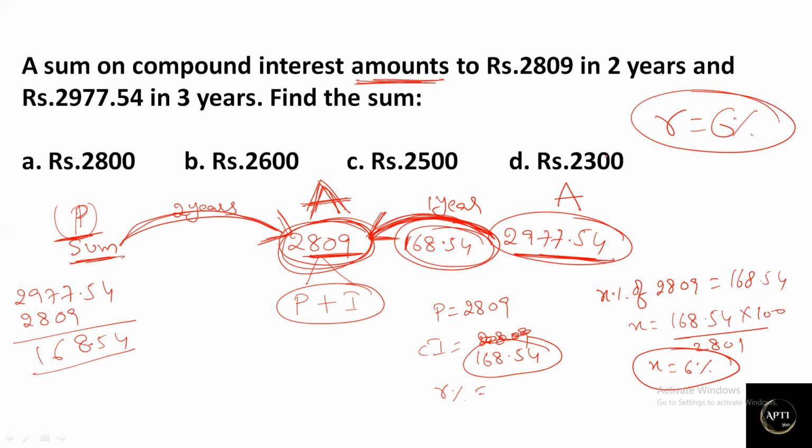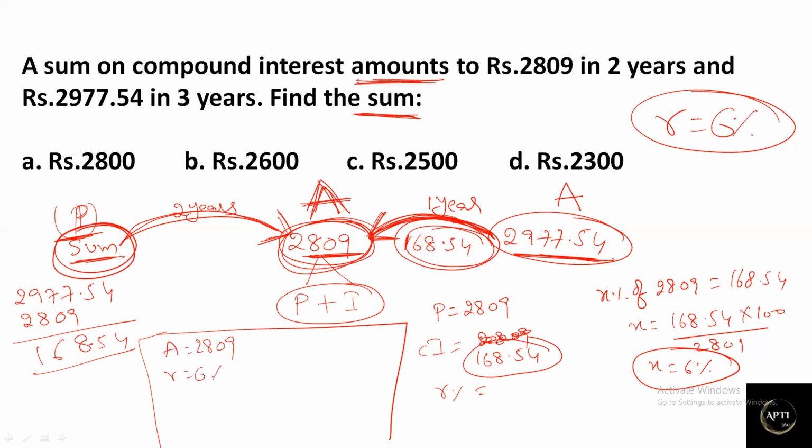Now we'll calculate what they have asked in the question: find the sum, in the sense the principal amount. To get this principal amount, already we know the amount value. What is the total amount value? Total amount is 2809. Rate of interest is 6%.